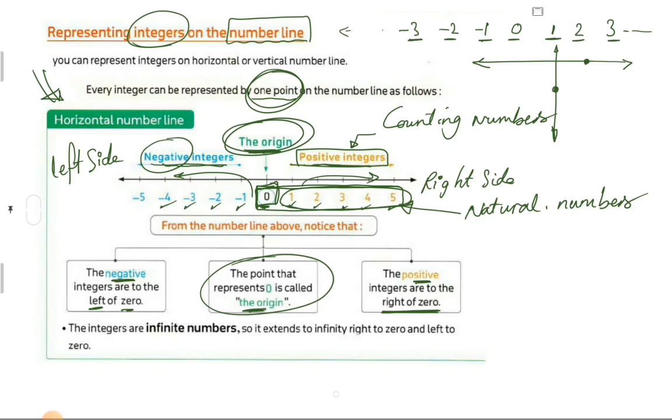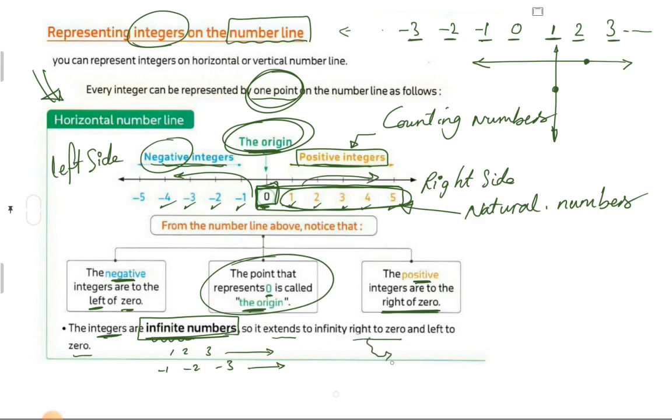It's the origin point, 0. The integers are infinite. What's infinite? Infinite means that we have 1, 2, 3, 4 and so on, and -1, -2, -3 and so on. So it extends to infinity.